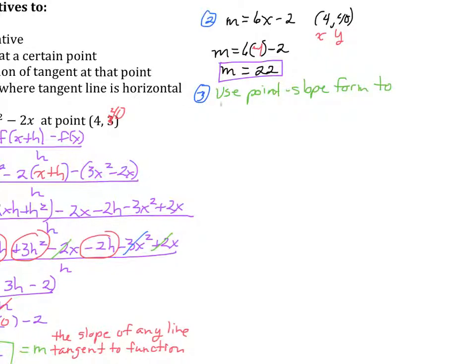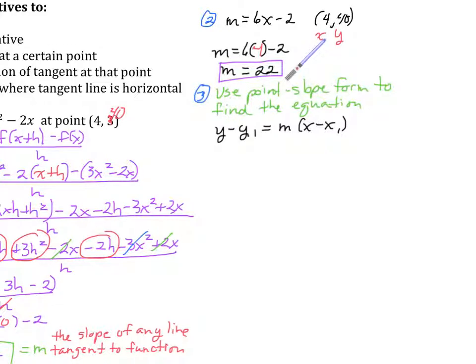For step 3, you're going to use point slope form to find the equation. Your point slope form is y minus y sub 1 equals m times x minus x sub 1. So we're subbing in for the y sub 1, the x sub 1, and the m. Here's your m, and here's your x sub 1 and y sub 1 up here.